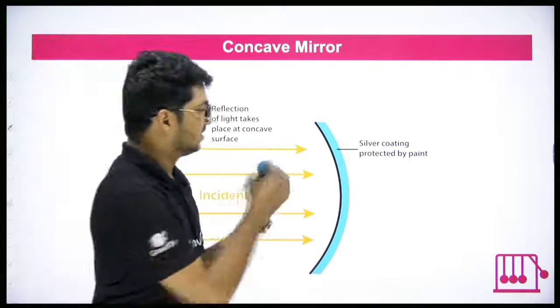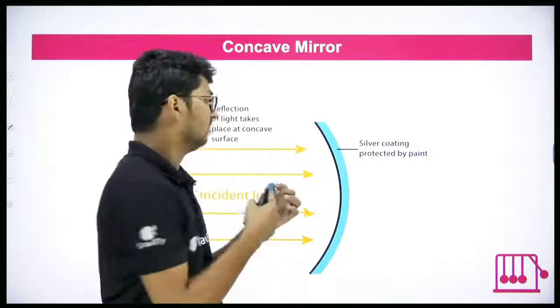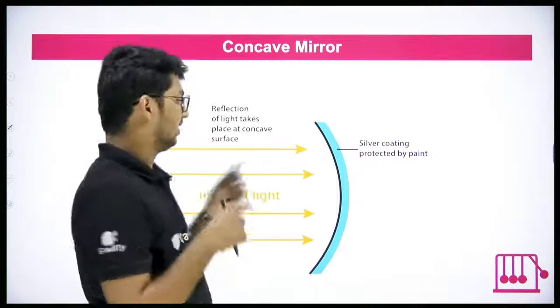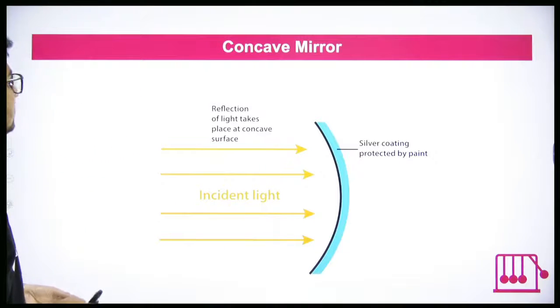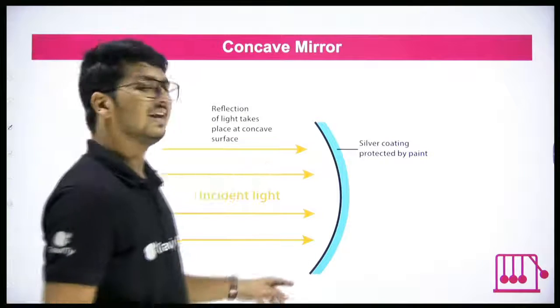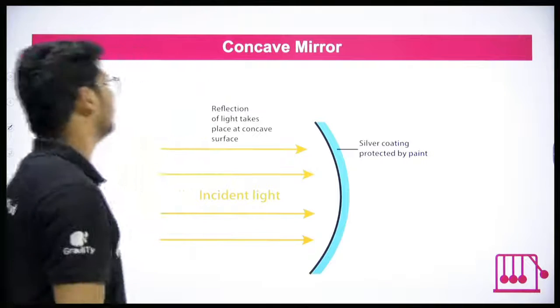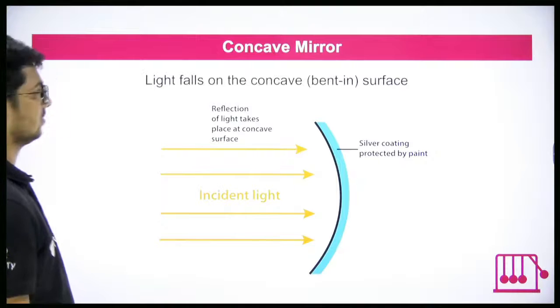So you can see the silver coating protected by paint. Paint also will be there. And then the other side, the reflecting side, light will fall on it. So obviously reflection is taking place on the concave side. That is the reason why it is called a concave mirror.